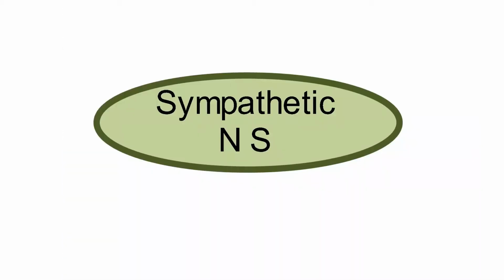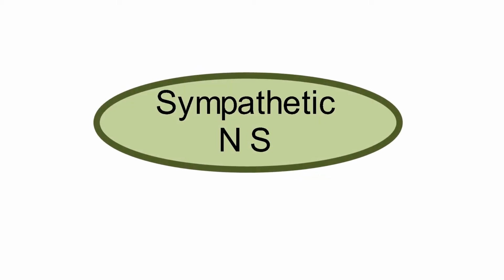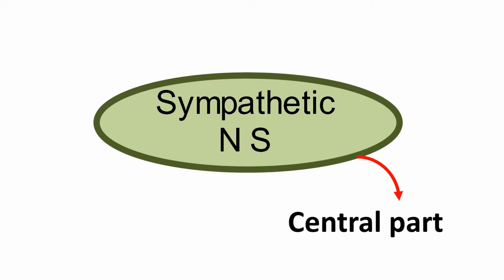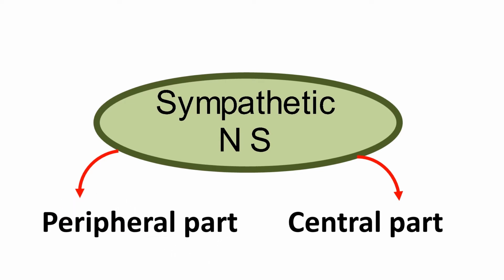This PowerPoint presentation is going to deal with the sympathetic system. The sympathetic system has two components. Number one is a central part, and number two is a peripheral part.